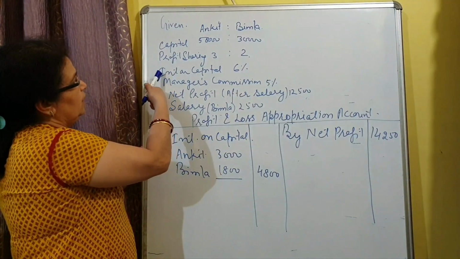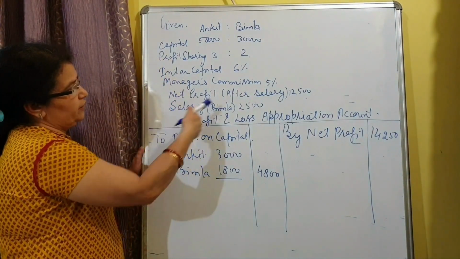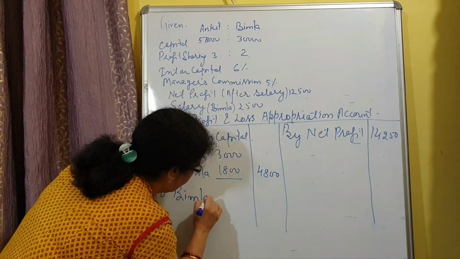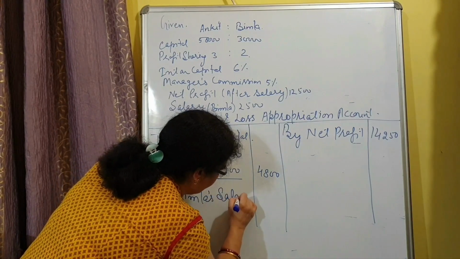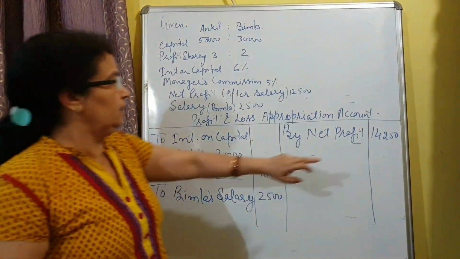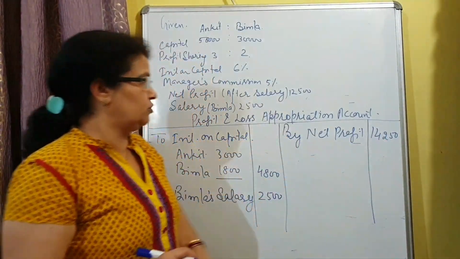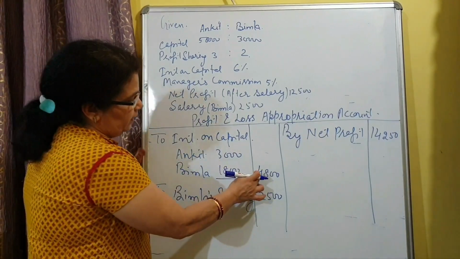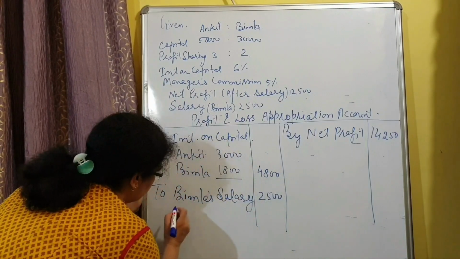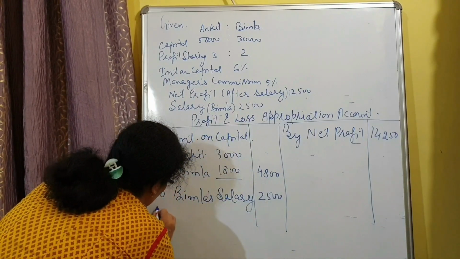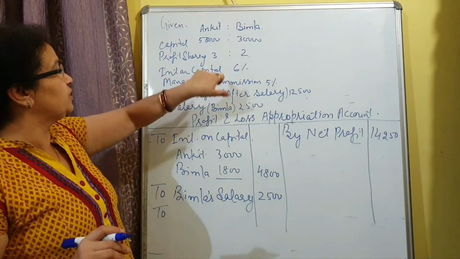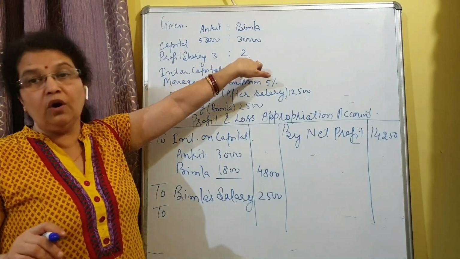After interest on capital, we have to write salary of Bimla. So to Bimla's salary, which is given as 2,500 per annum. After making these adjustments, 14,250 minus 4,800 and 2,500, the balance is 6,950. So this is the divisible profit among the partners in their profit sharing ratio, which is 3:2.